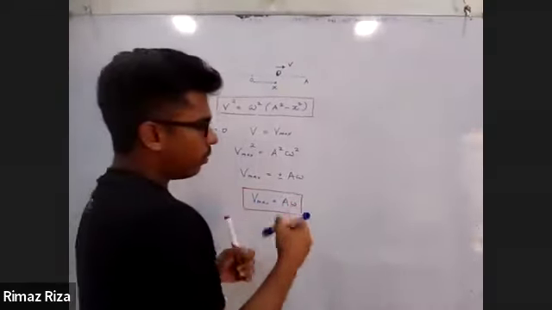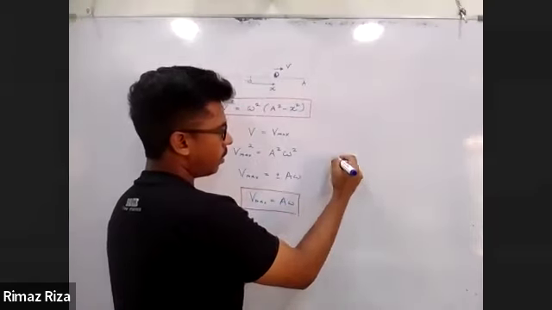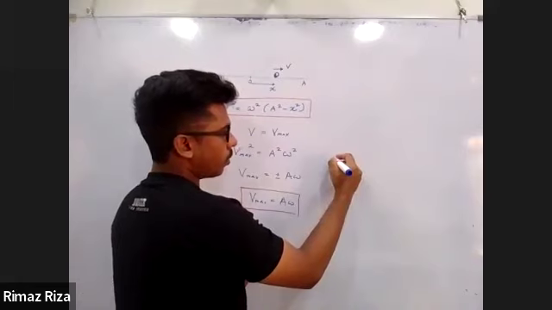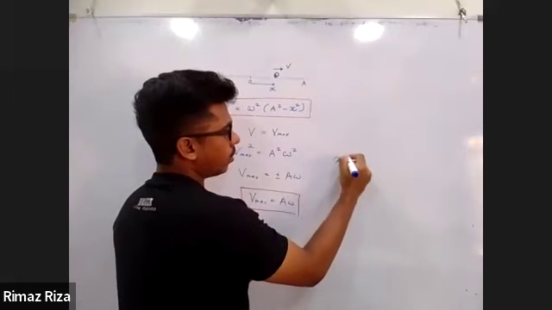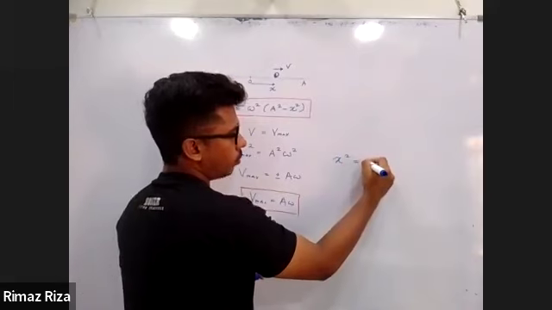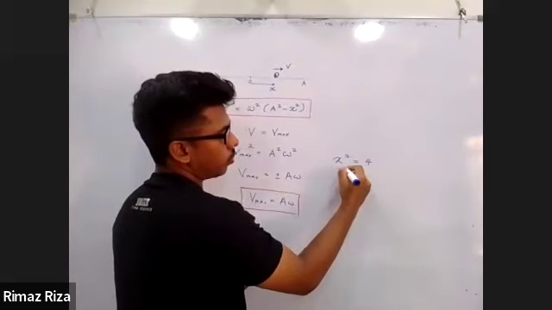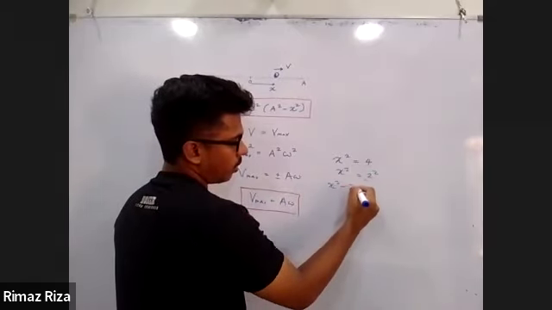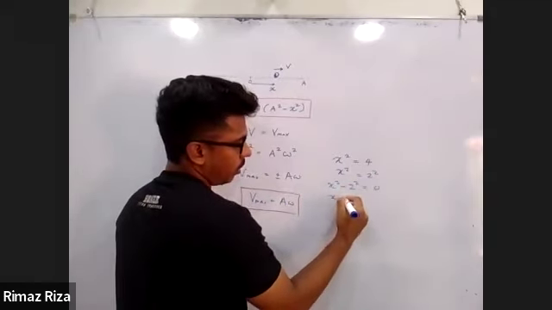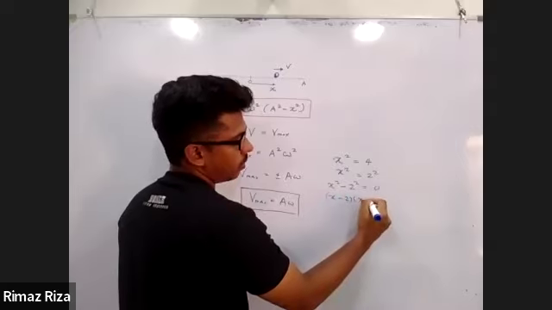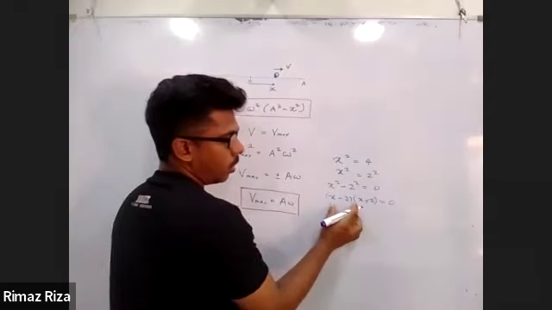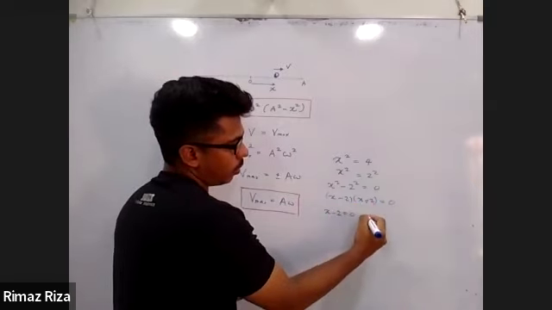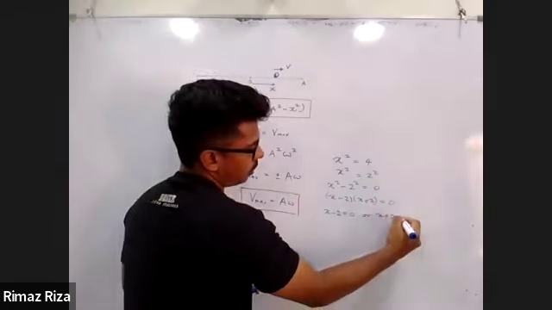Mathematically, when we solve a formula, for example x squared equals 4, how do we solve this? x squared equals 2 squared. Take this to this side: x squared minus 2 squared equals 0. So (x minus 2) times (x plus 2) equals 0. The product is equal to 0, therefore x minus 2 equals 0 or x plus 2 equals 0.